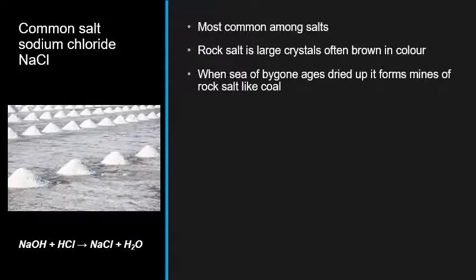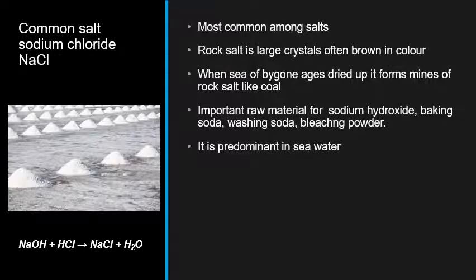Then what happened to that? All this seawater will go into the earth and form layers, it becomes hard and dried up, and forms the rock salt mines, like coal mines. Like that also the rock salt is present, formed.